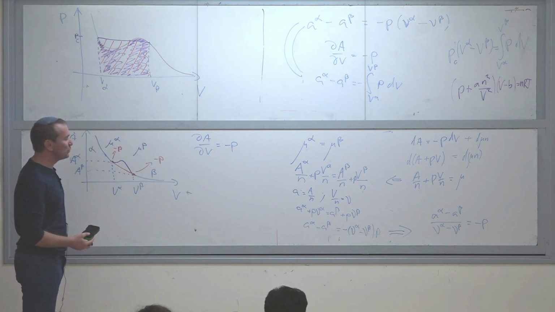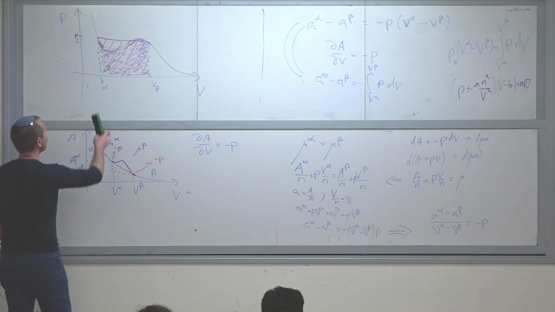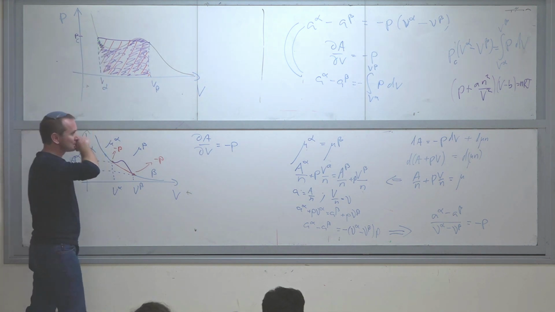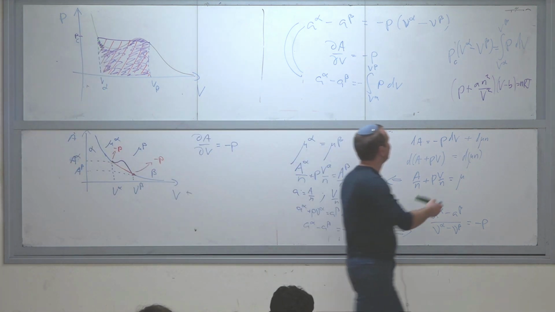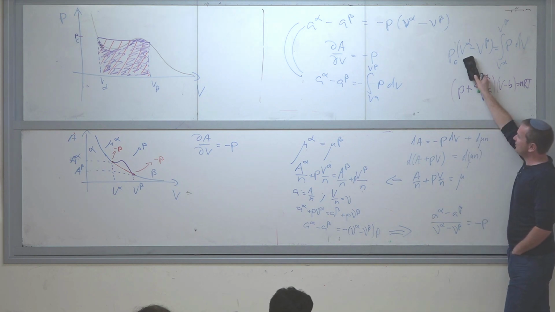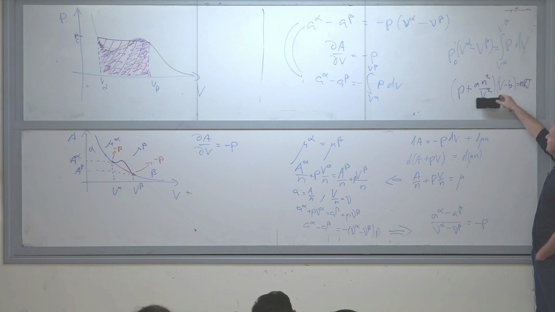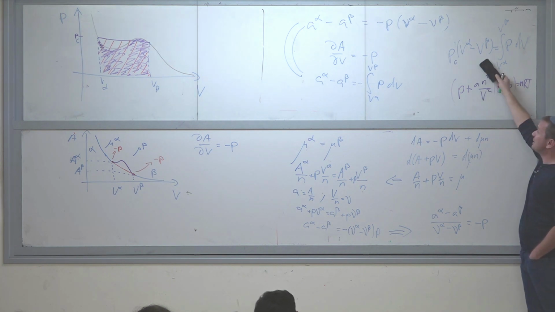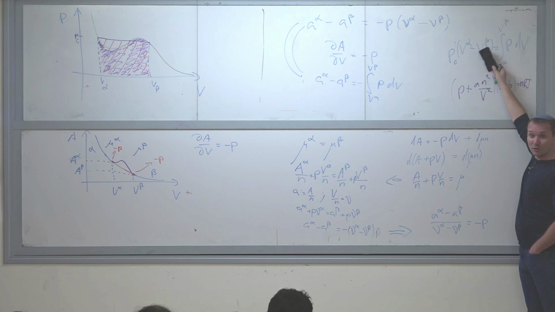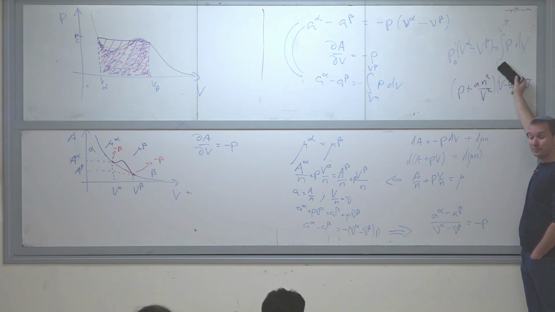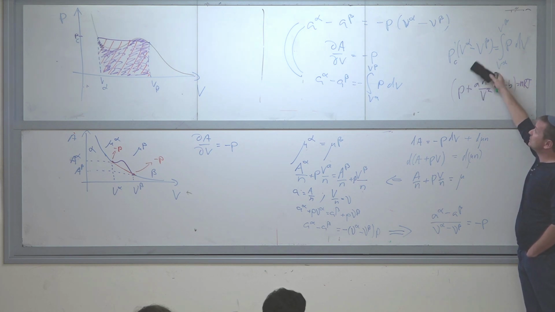The only thing that you can know for sure is that V alpha is dictated by P. You can find V as a function of P, and the same goes for V beta. So you have only an equation in P eventually. You just substitute the behavior of V with P inside this equation.